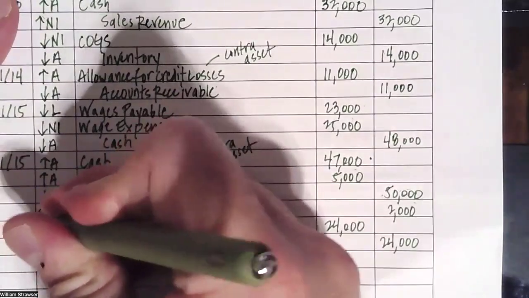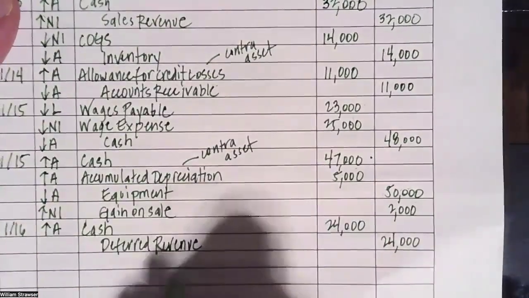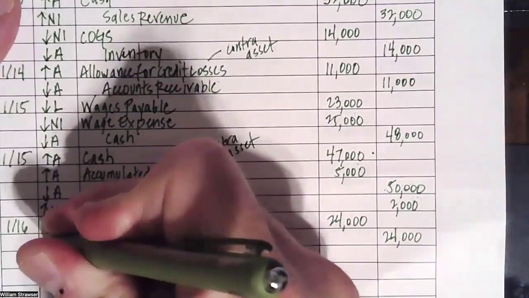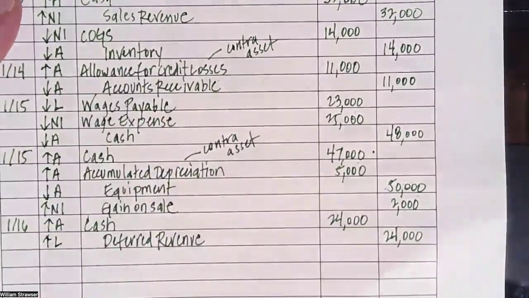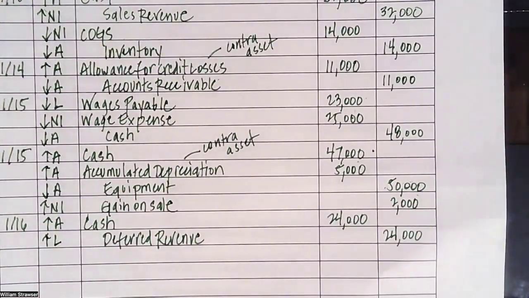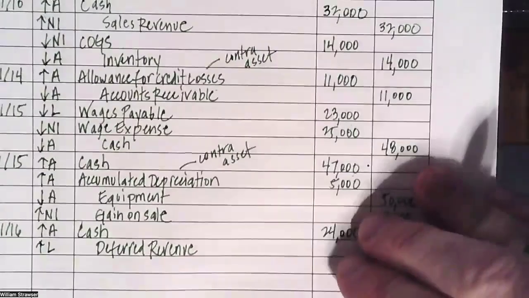So I received an asset, but now because someone paid me in advance, I have an obligation that I need to meet. All right, that takes care of that transaction.